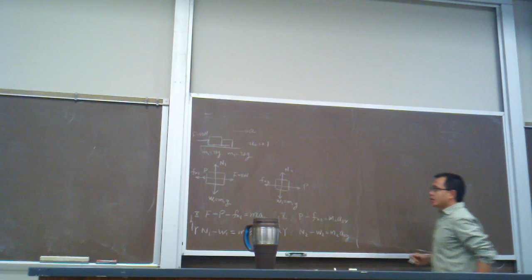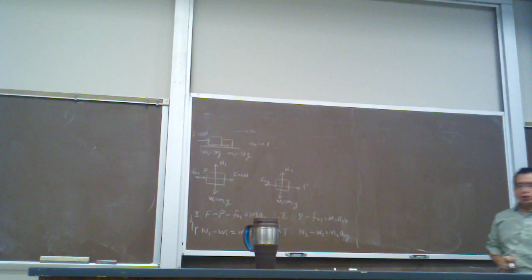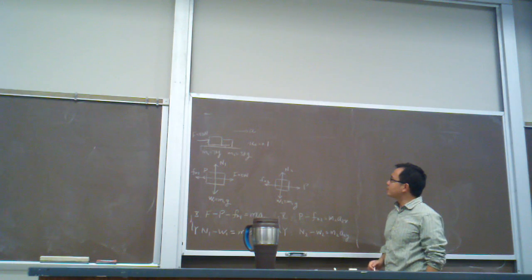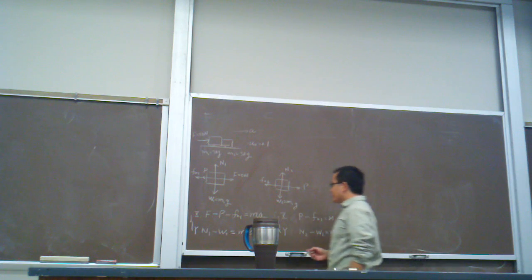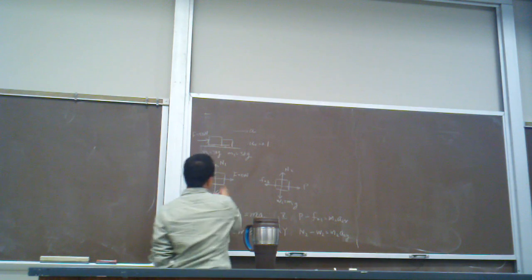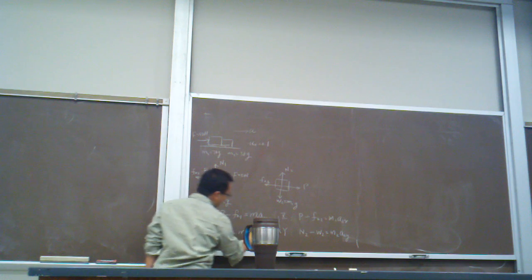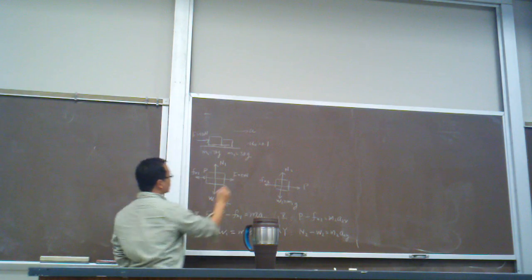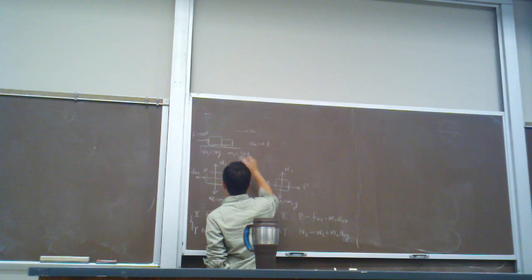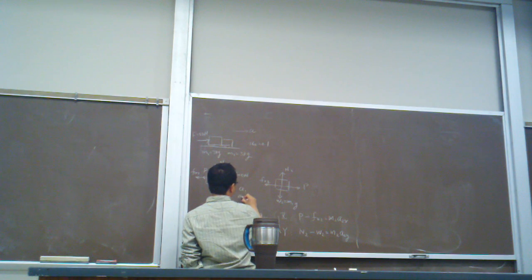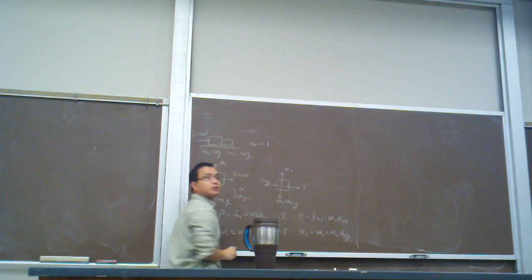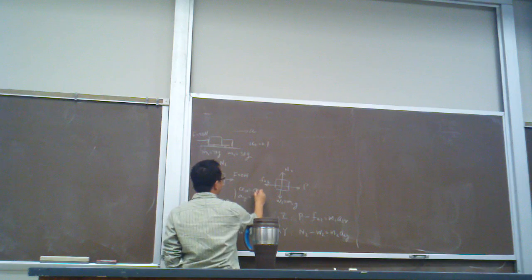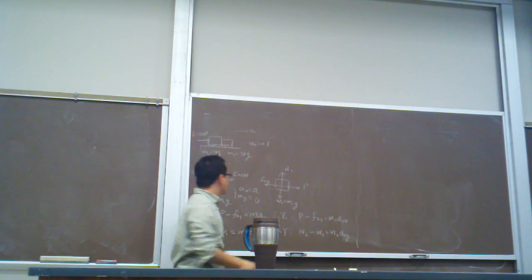So, the simplification comes from the identification of some of the accelerations. For this one, what can we say about A1x and A1y? A1y should be what? 0, and A1x is simply A, the acceleration of the system.